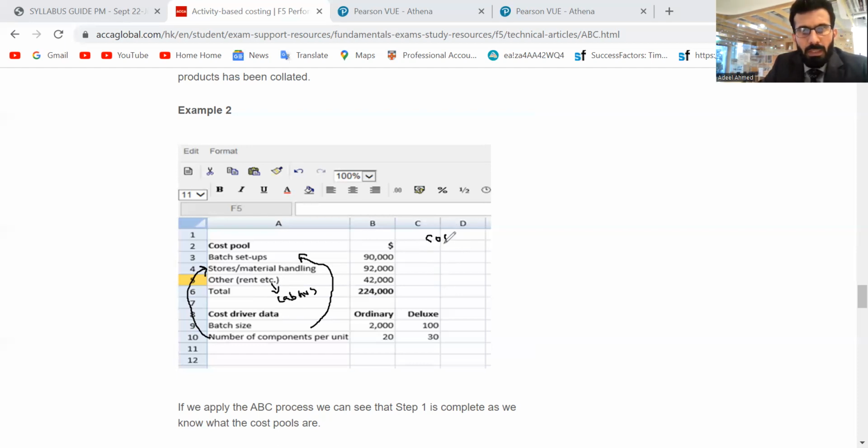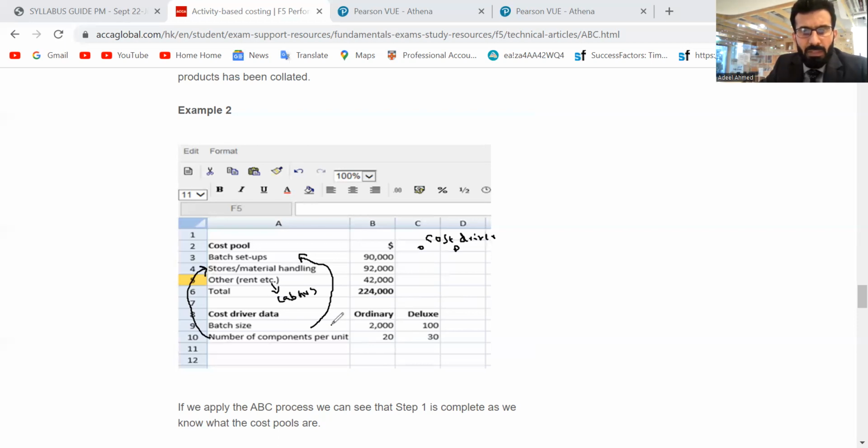So now cost pool is already there. What I need to do is identify the cost driver data for the products which we have. 2 products we have, ordinary and deluxe. So when I look at the batch size, as in how many units could be manufactured in one batch, if we go back to the previous example number 1, it was already mentioned that the number of units in total for ordinary is 20,000, and each batch size is 2,000.